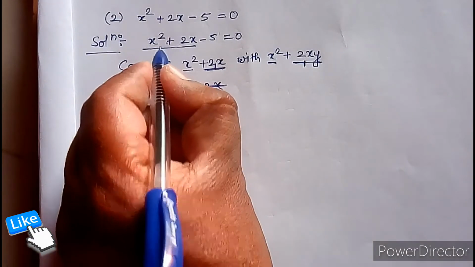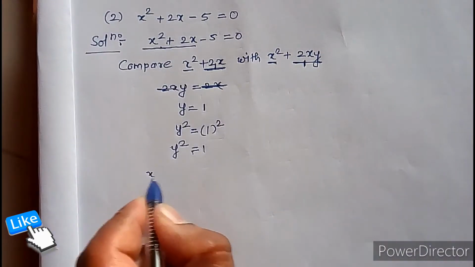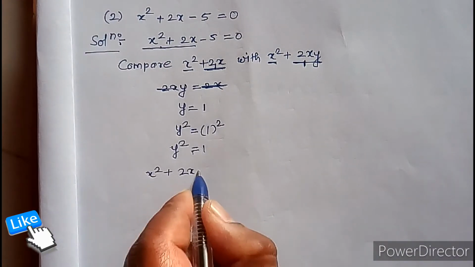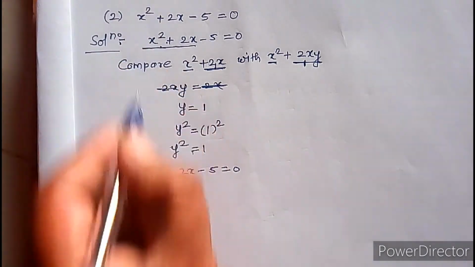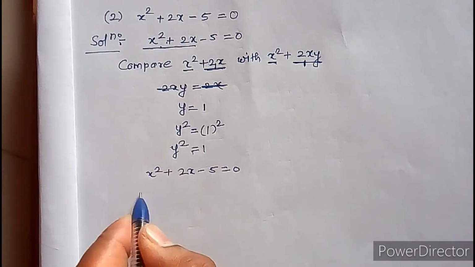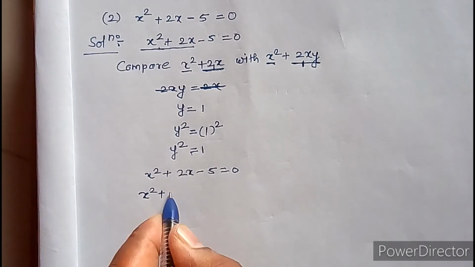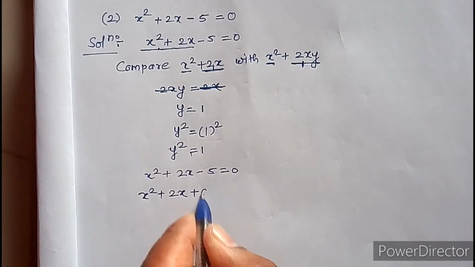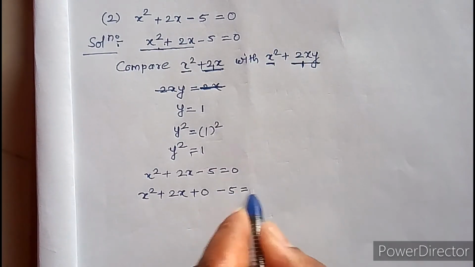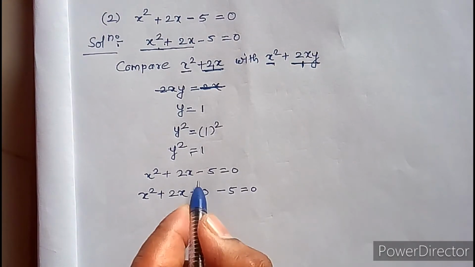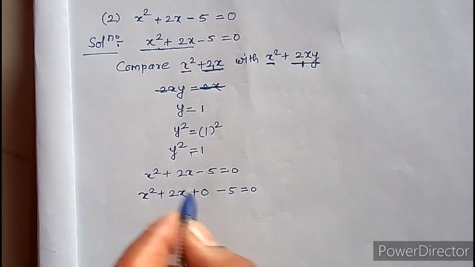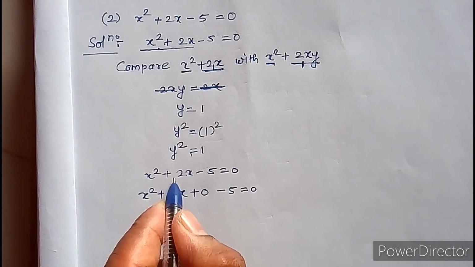Now write down this quadratic equation as it is, that is x square plus twice of x minus 5 equals 0. Now here, x square plus twice of x plus 0 minus 5 equals 0. Here 0 means if we are adding 0 to this quadratic equation, this quadratic equation remains as it is.